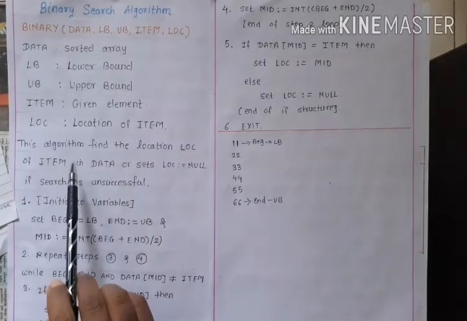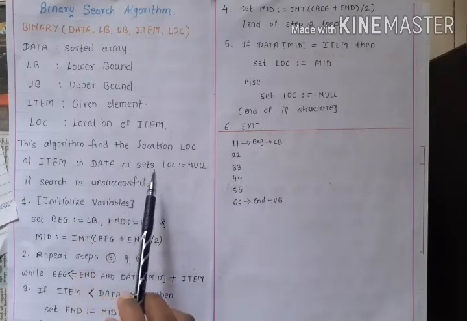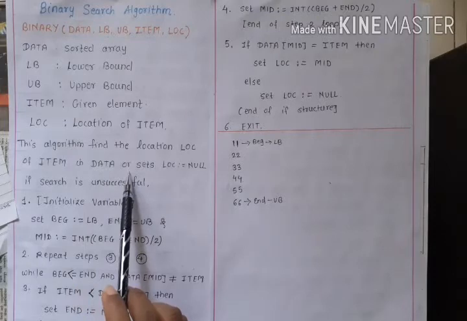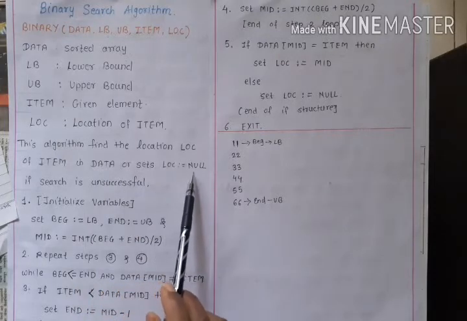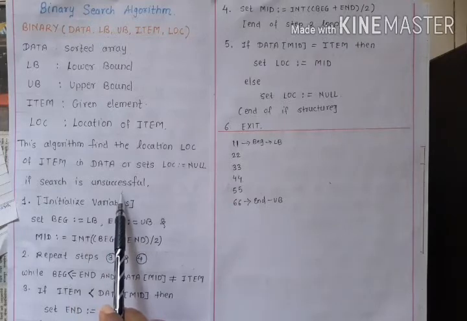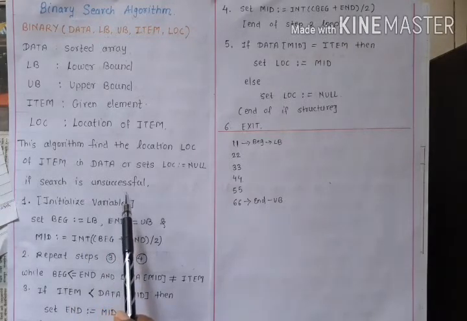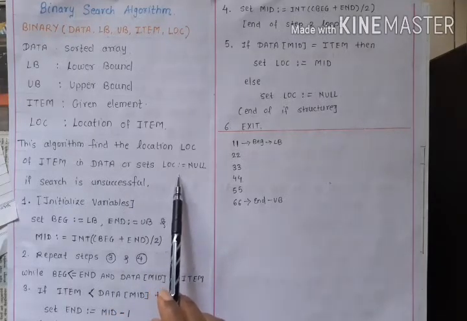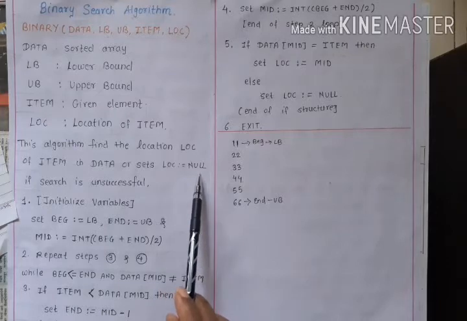This algorithm finds the location LOC of ITEM in DATA, or sets LOC equal to NULL if the search is unsuccessful. Means if the data is not present in that list, then the location will be printed as NULL.